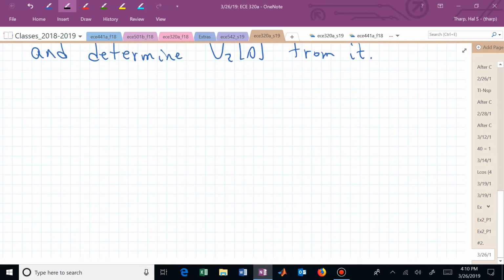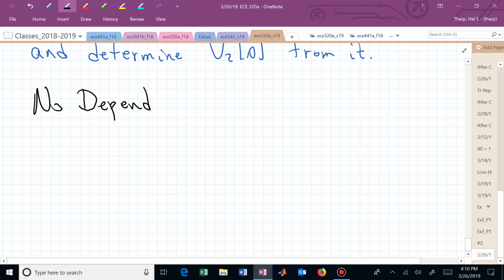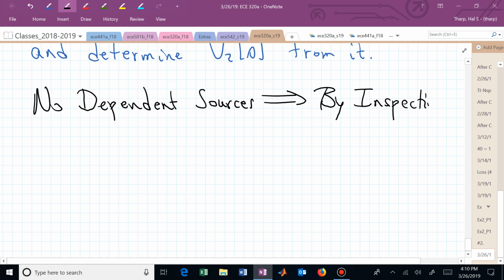Because there were no dependent sources, we're going to do this by inspection. We can do it by inspection with dependent sources, but you just have to be a little bit more observant of what you're doing.